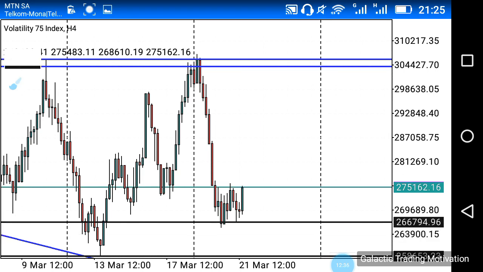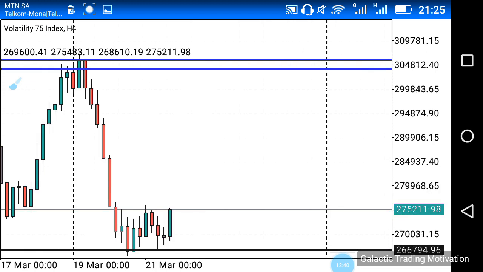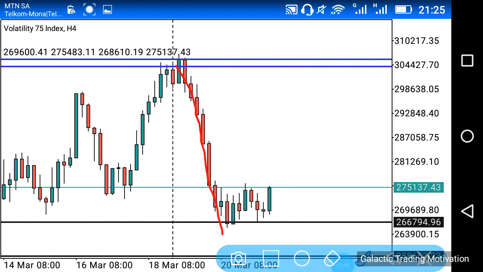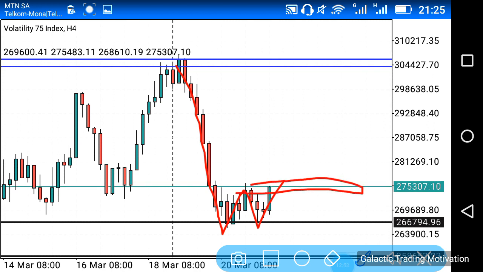Anyway, let's continue. I'm just gonna zoom in a bit, and guys, what else do we see here on the H4 chart? On the H4 chart, we can see that we also have this very nice W structure, and it also has a neckline at that point, right? So should price from where it is actually close above that neckline, similar with the bigger M and W structures on the bigger time frames, what we would do is wait for the market to head back to the neckline, and at this point is where we would look for potential buying opportunities.